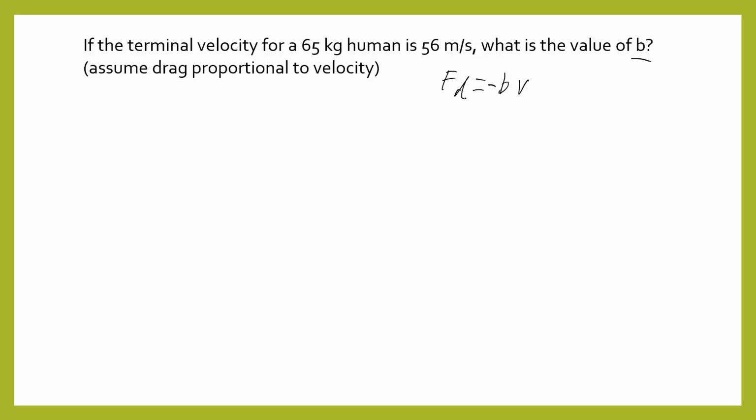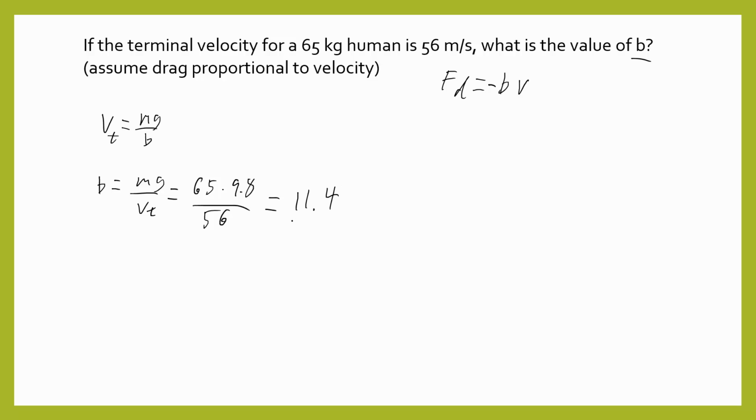So in this case we can just jump to our terminal velocity expression, mg over b. We're going to solve this for b. This obviously is a very simple problem. We plug in the mass of 65, the acceleration g, the terminal velocity of 56, and we end up with 11.375. We'll round it to 11.4.